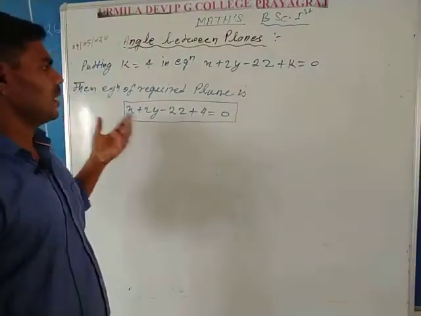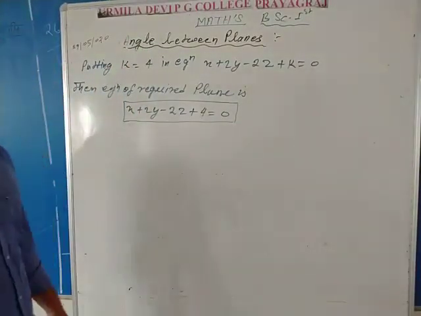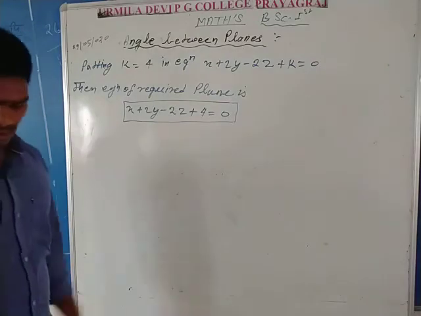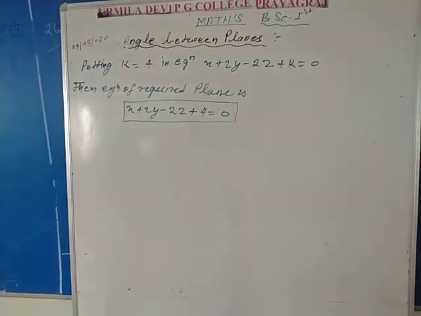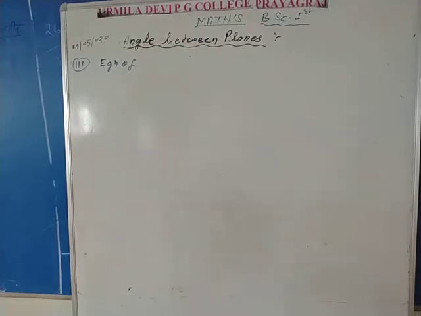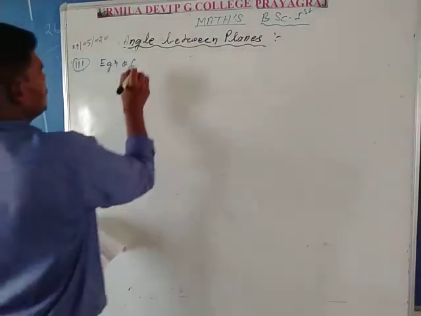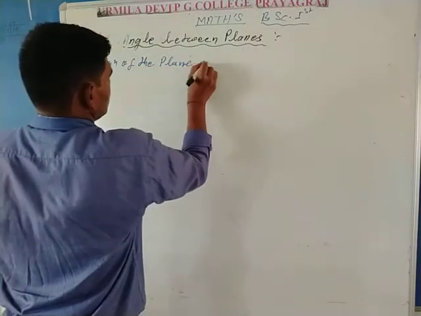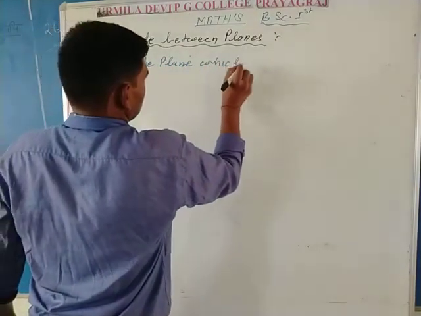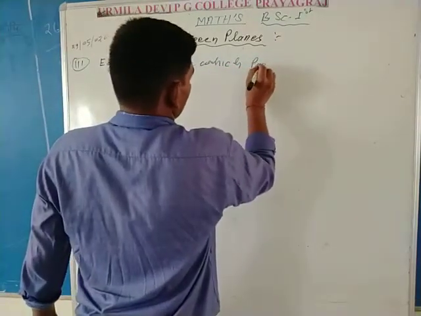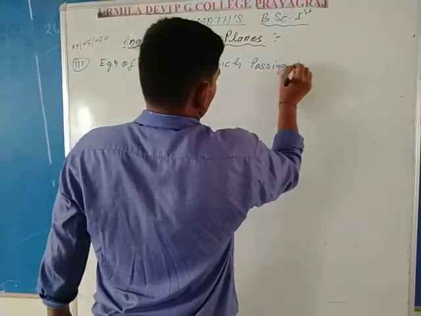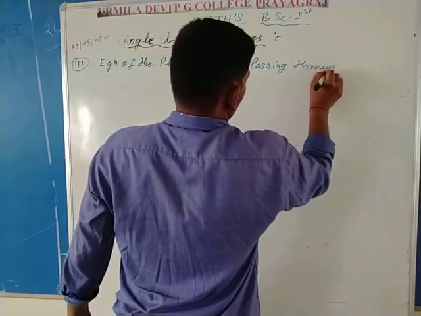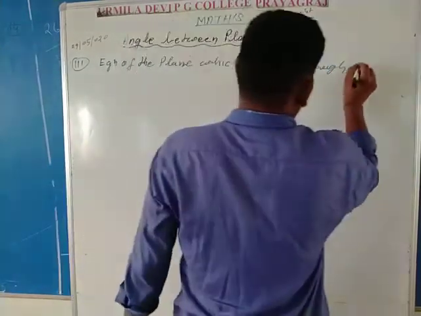So the solution of question third is complete. You can revise this again and solve it yourself. Now consider the next question: the equation of the plane which passes through an intersecting line.